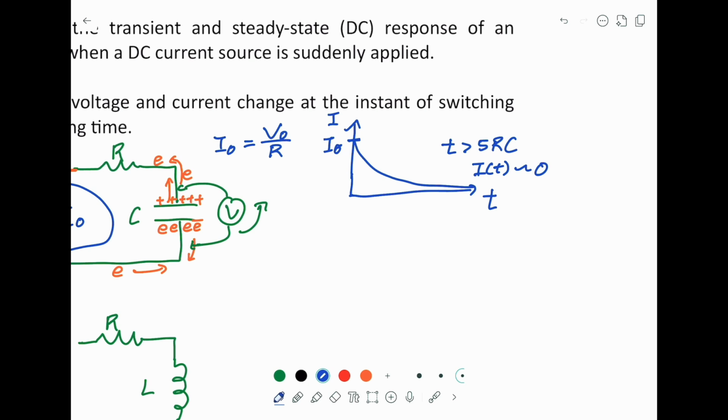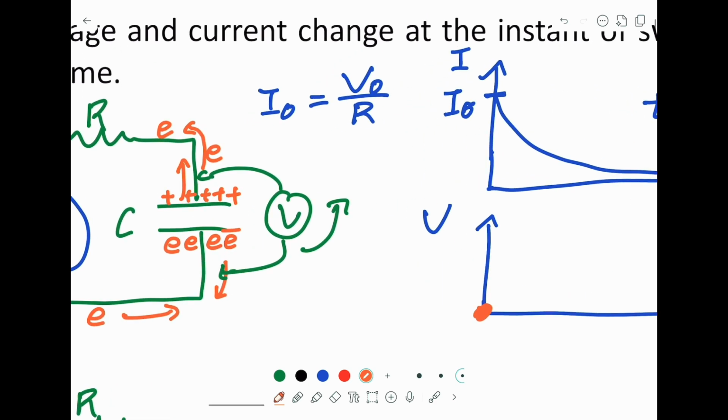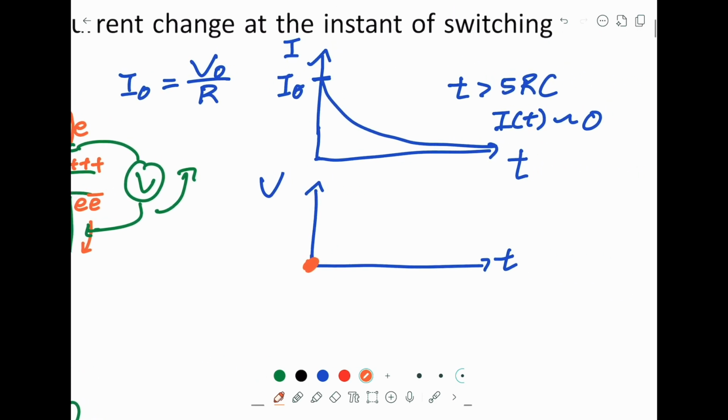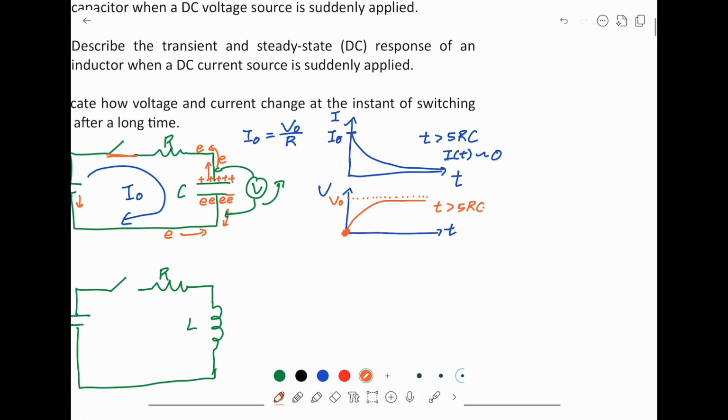So if we look at the voltage V, when it begins, the voltage is 0. But when the electrons or positive charge start building up across the capacitor, the voltage increases, until for T bigger than about 5 RC, it will reach 99% of the V naught, the DC source.